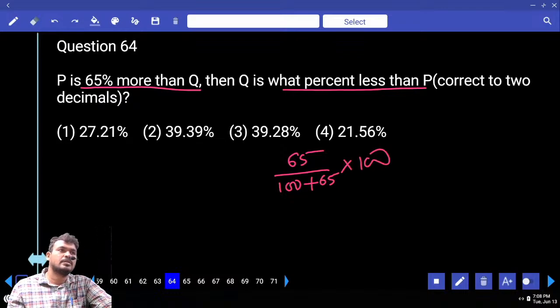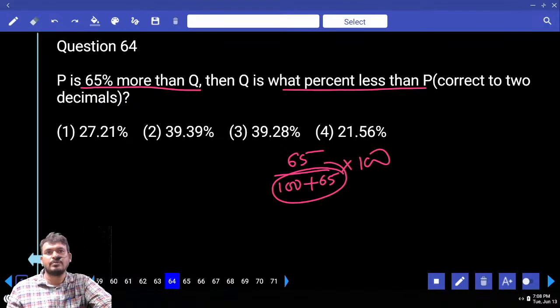We know the percentage more, but we require the percentage lesser. 65 by which one? 165. What is the denominator? 165. What is 10% of 165? 16.5. 20%? 33. 40%? 66. The numerator value is closer to 40%. Which option is closer to 40%?